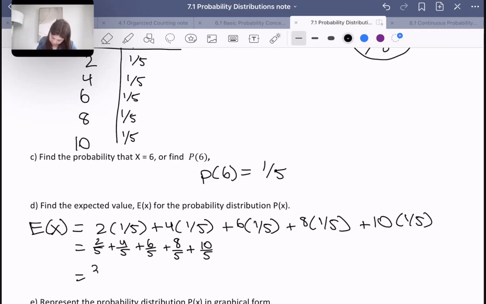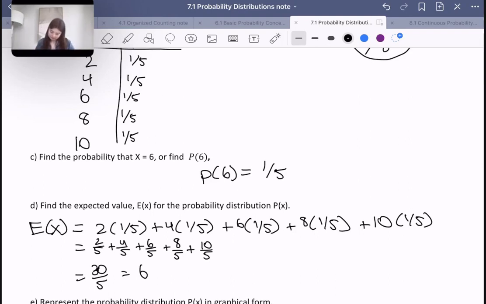Well, but yes, it would be 30 over 5, which is equal to 6, which again, this makes sense. This is very much to be the expected, for lack of a better word there, because the middle term here is 6. Everything else is equally spaced around 6, and we know it's all equally likely. So it makes sense that that middle, right, that expected value would be 6.